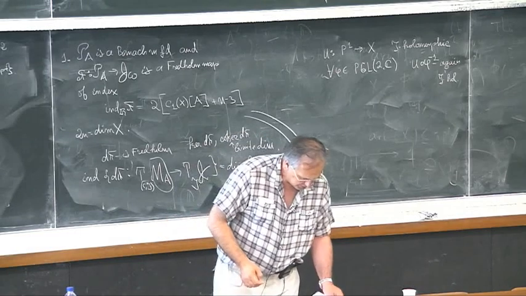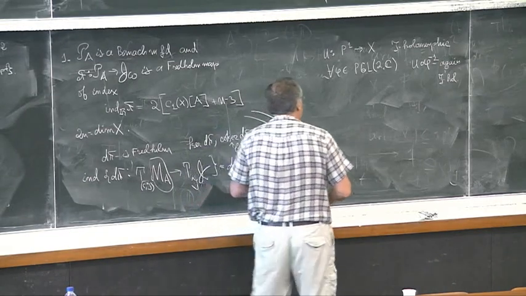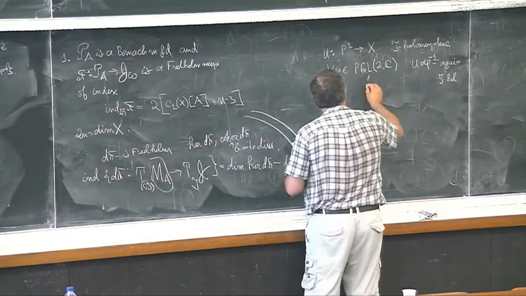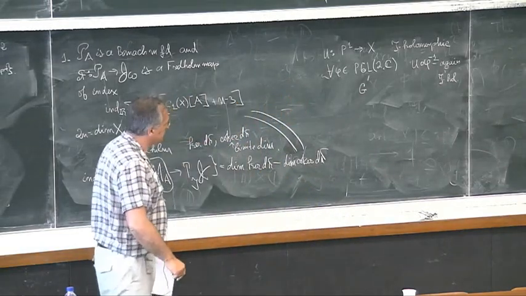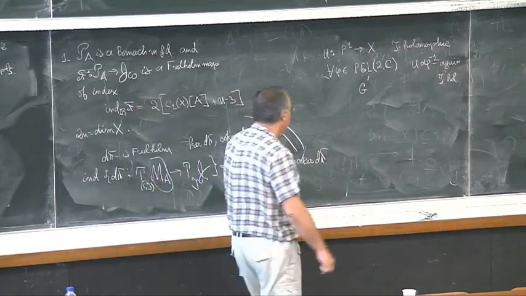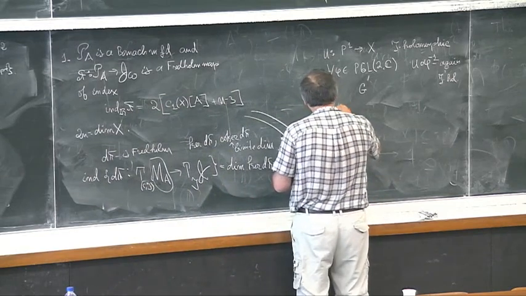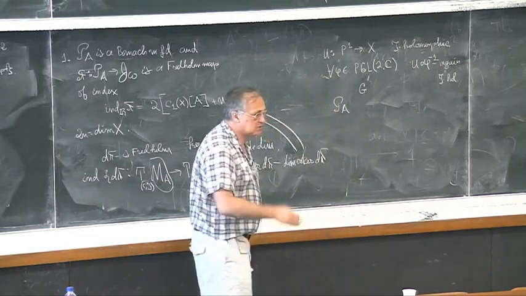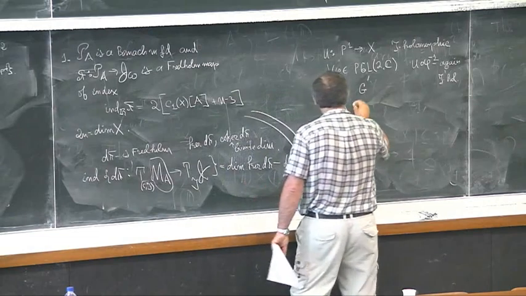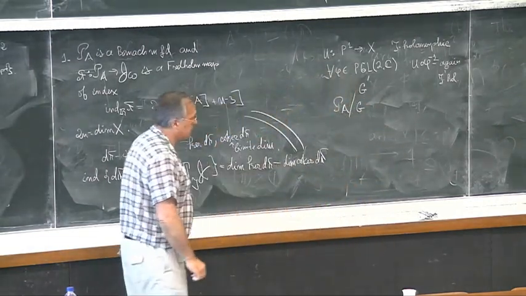Therefore, it is customary to denote this group by G, the group of automorphisms of the Riemann sphere. And then you can take the quotient of the space of curves for every J by this group.